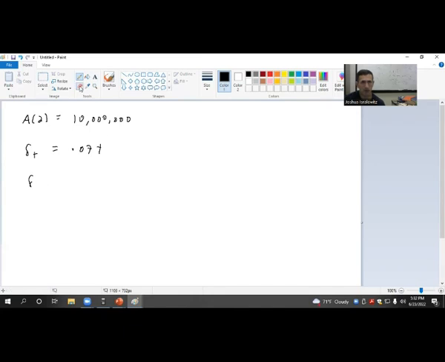So that means that the force of interest, the instantaneous relative rate of change at t equals 2 after 2 years, is just going to be 0.14.